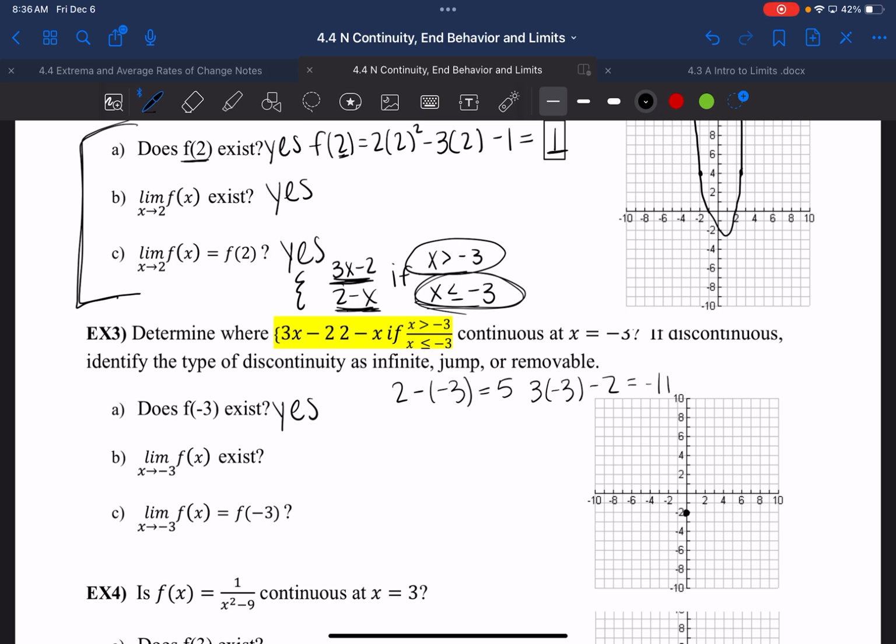Okay, and then I have a slope of 3. Okay, so here's that first one.